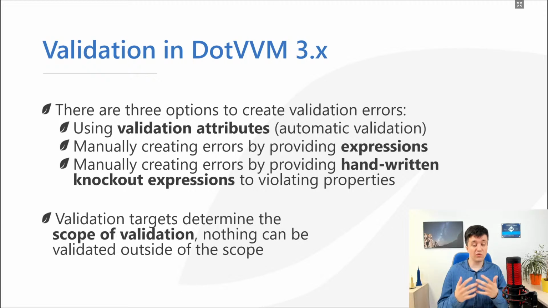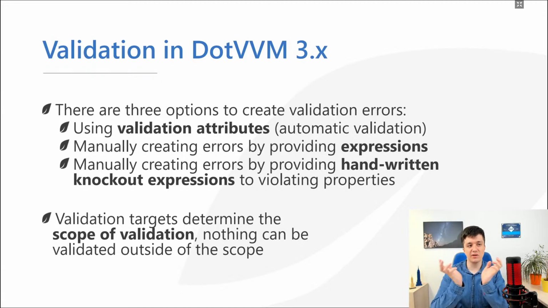And the next important thing about validation was validation scopes, and the way you determined the scope of validation is by setting validation targets. So if you, for example, have a very big view model and on your page you are working with small subsets of it. So for example, a user is currently filling out a form.